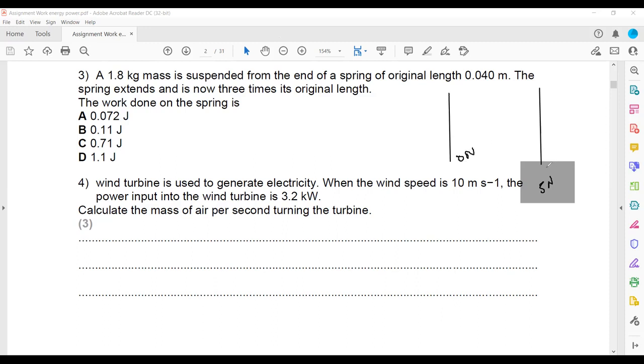It's not like the force directly changes from 0 to 5. No, the force varies: 0, then 1, 2, 3, 4 until it reaches 5. So whenever we attach a load to a spring or a string, we always substitute an average force to calculate the work done.